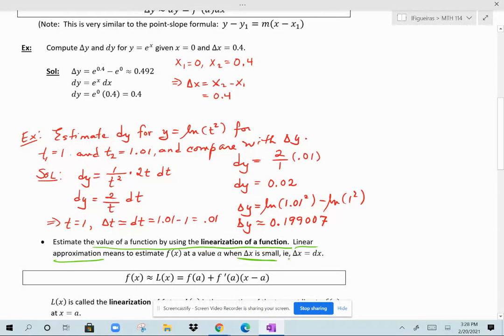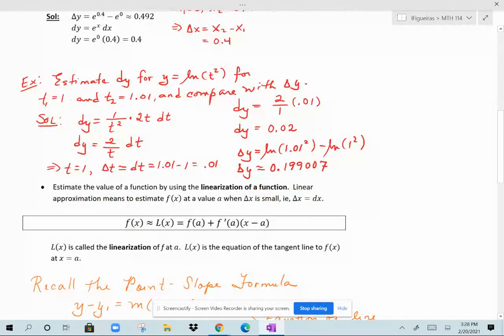And when delta x is small, we say that's equal to dx. And linearization is a specific formula. So your function f of x will be approximately equal to the linearization, that's why we're using L here, L of x, which is equal to f of a plus f prime of a times x minus a.